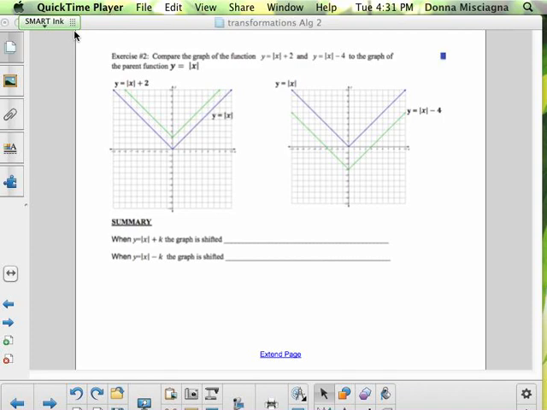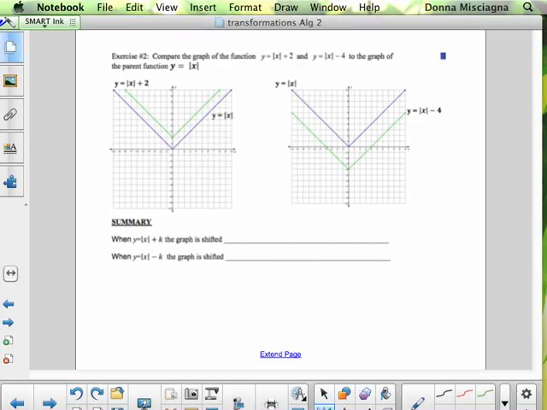All right, so notice that if we compare points, here we have the point (0, 0), and we have a similar point, that vertex on y equals the absolute value of x plus 2, and it's at (0, 2).